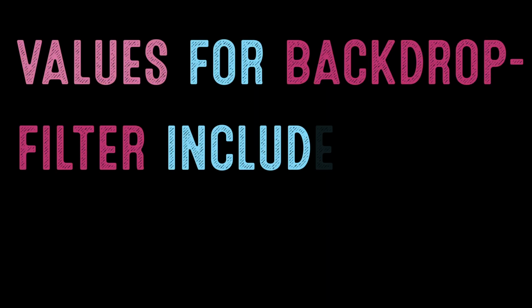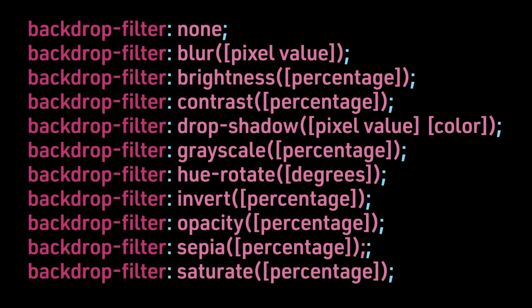Possible values for backdrop-filter include none, blur with a pixel value, brightness with a percentage, contrast also with a percentage, drop-shadow with 2 or 3 pixel values and the color, grayscale with a percentage, hue-rotate with degrees specified, invert with a percentage, opacity with a percentage, sepia with a percentage, saturate with a percentage.